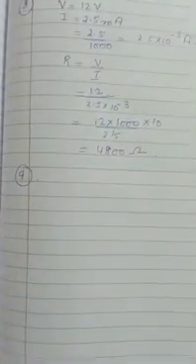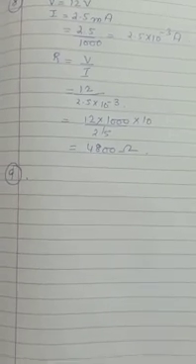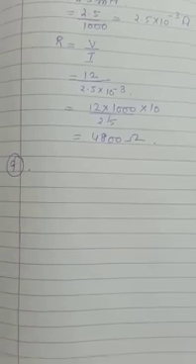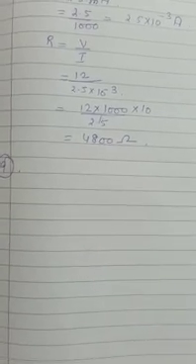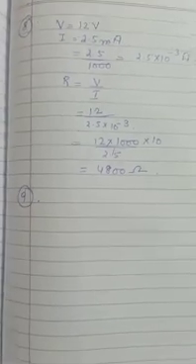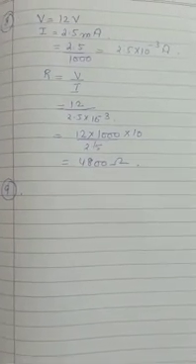Okay, now read the next question, question number 9. The question says a battery of 9 volt is connected in series with resistors of 0.2, 0.3, 0.4, 0.5 and 12 ohm. How much current would flow through the 12 ohm resistor?